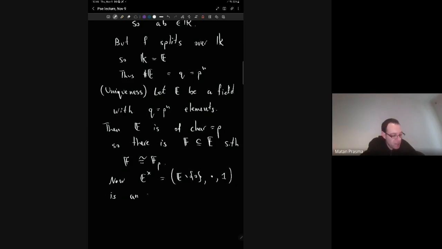So this is an abelian group of size Q minus 1.